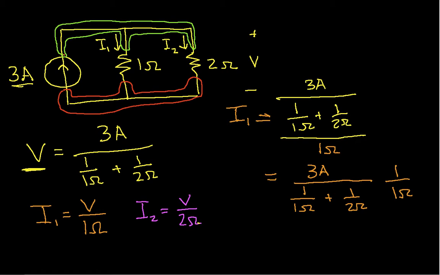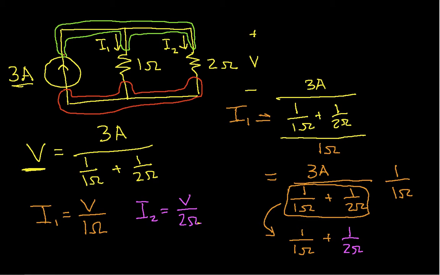And the next thing I want to do is take this denominator, take these 2 fractions, put them over a common denominator, and then invert it, and that will then lead to the answer I want. So if I just look at these 2, I have 1 over 1 ohm plus 1 over 2 ohms, the 2 ohm resistor.